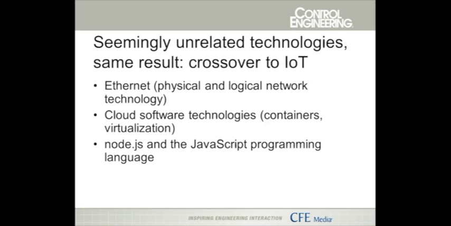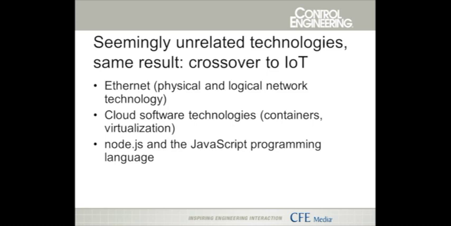So here we have three seemingly unrelated technologies. Ethernet, both the physical and logical network technology that's implied by Ethernet. Cloud software technologies, and I'm going to focus on two of them, containers, so-called software containers, and virtualization as being very, very important to the industrial Internet of Things.